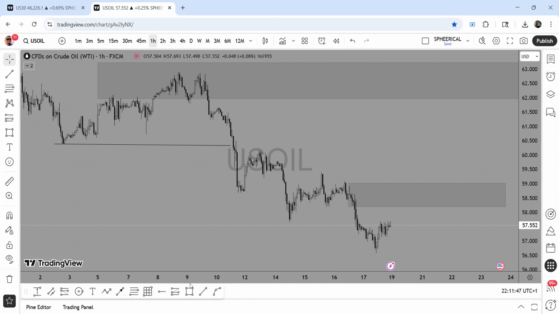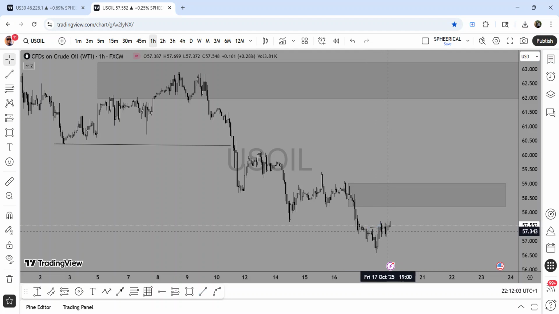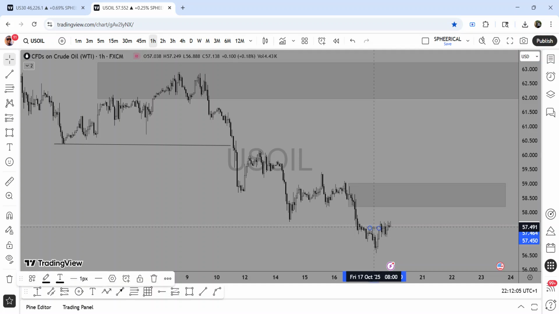Okay. So you can see, this is the previous, we say the last lower high the market made, this point. You can see it clearly. Yes, you can see it. And the market has broken above it. So the market has changed structure.